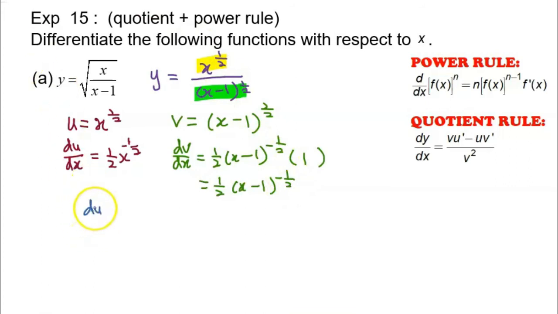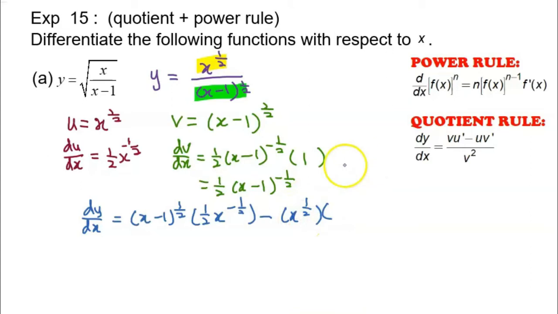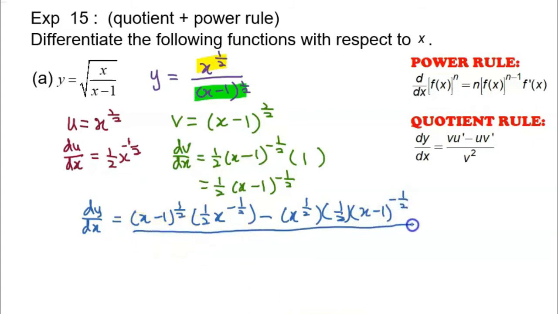Then, we differentiate y with respect to x by using the quotient rule, where v is x minus 1 to the power of half, u prime is half x to the power of negative half, minus u, which is x to the power of half, and v prime is half times x minus 1 to the power of negative half, over v squared, x minus 1 to the power of half, squared.